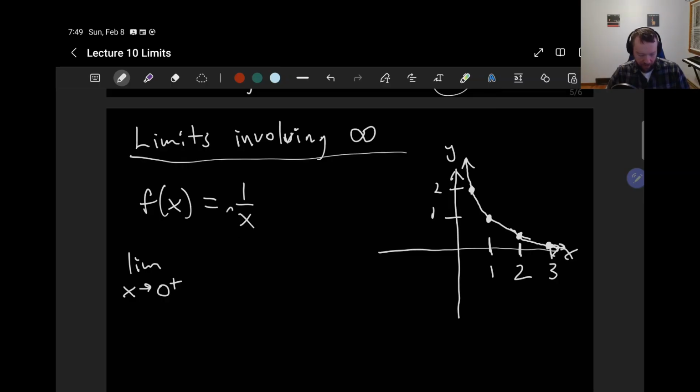Remember, we cannot plug in 0 for x, so as you plug in smaller x values, our graph will just rise higher, higher, higher, higher. So this right-sided limit as x approaches 0 of 1 over x is positive infinity because we keep rising higher and higher to no end.